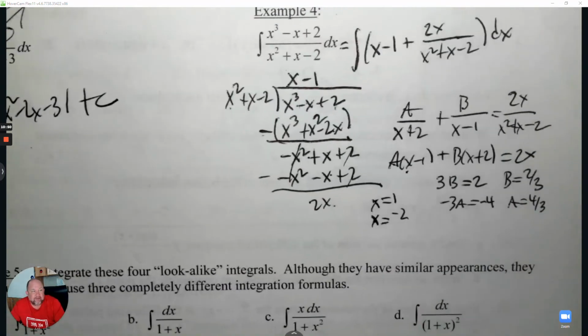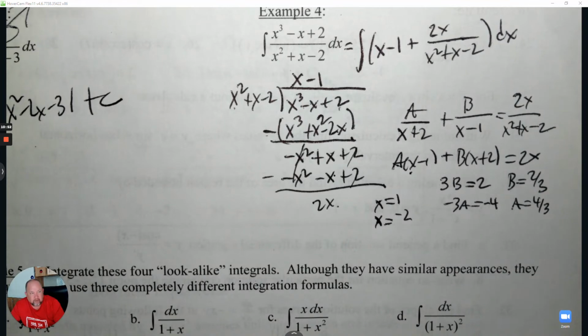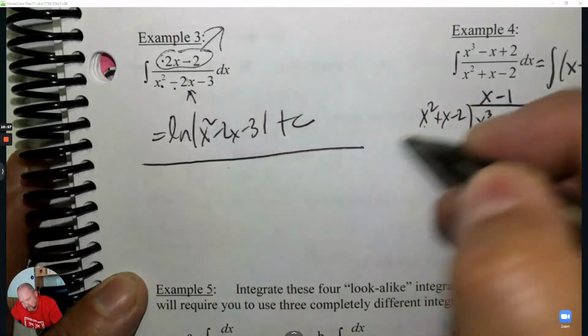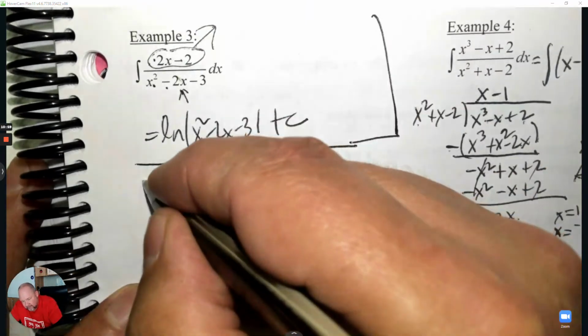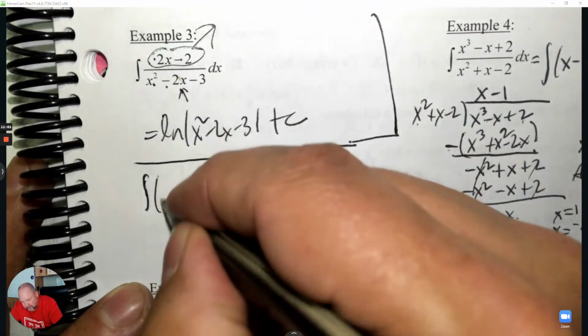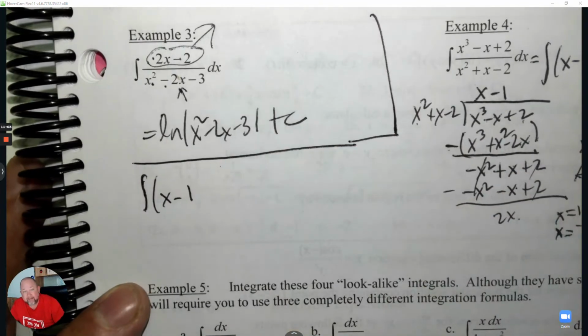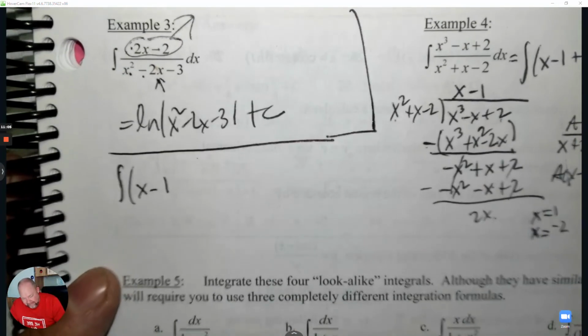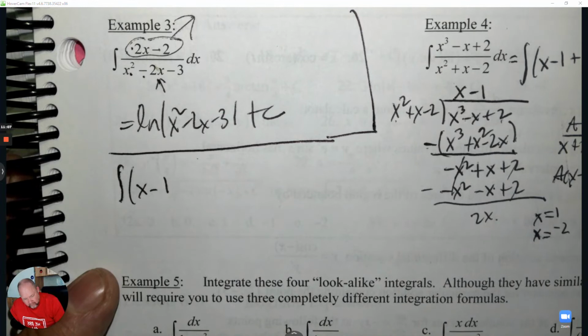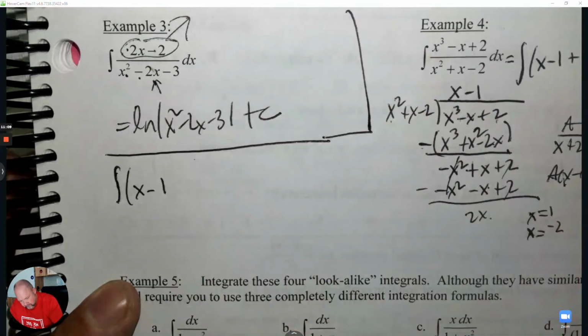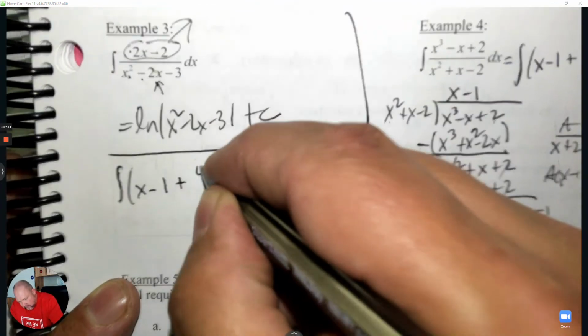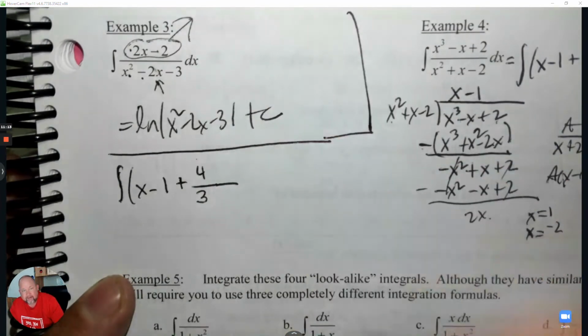And now I'm going to sneak over here because I got room over here to the left. So I'm going to integrate. We have x minus 1. We now have two fractions. So A, we just found, was 4/3. So there's 4/3. I'm going to write it like that.